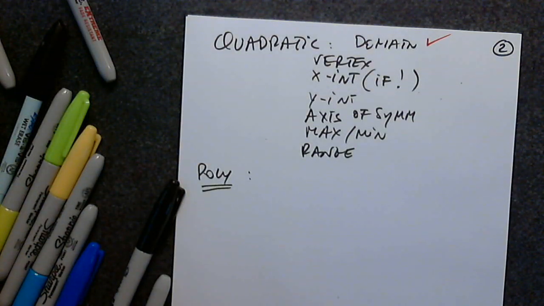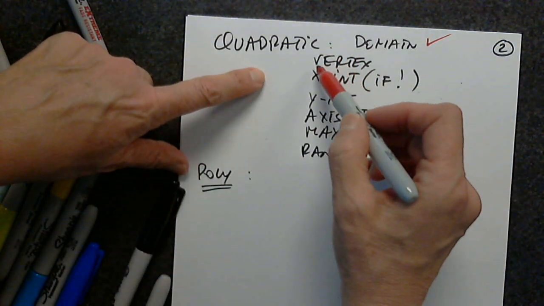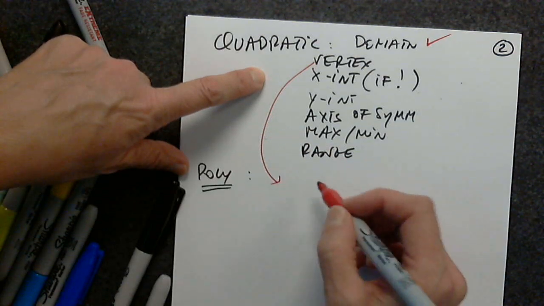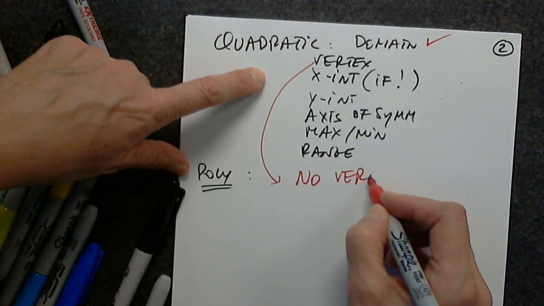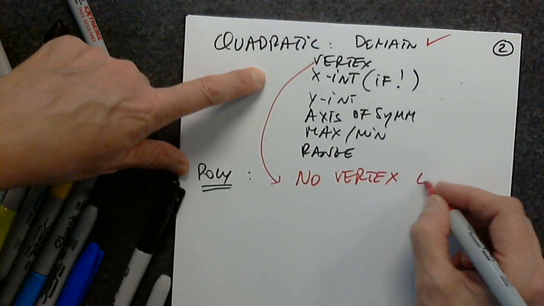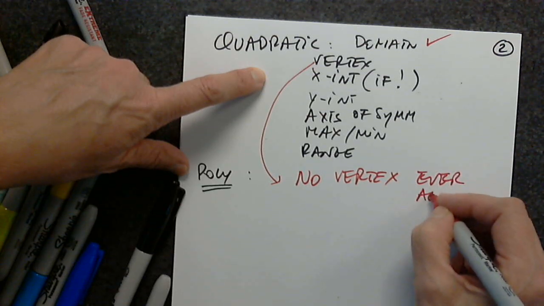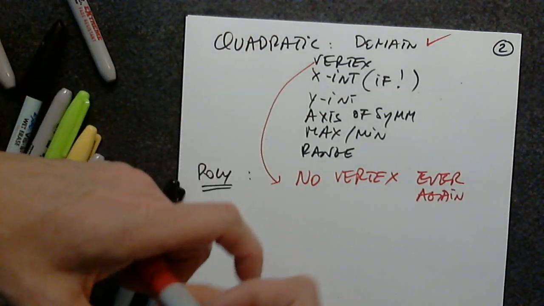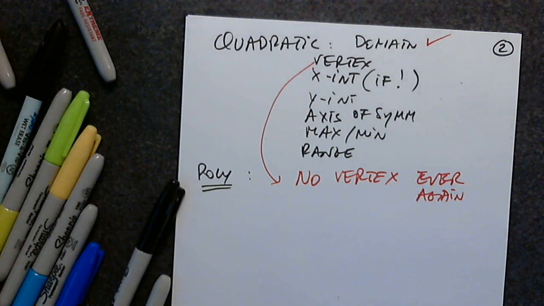What do I mean by that? What will be the polynomial degree 3's domain? Correct. There will not be a vertex, no vertex, ever again. When we say vertex, we only mean one thing: the maximum or minimum of a quadratic function. I'm done. We're done moving forward.